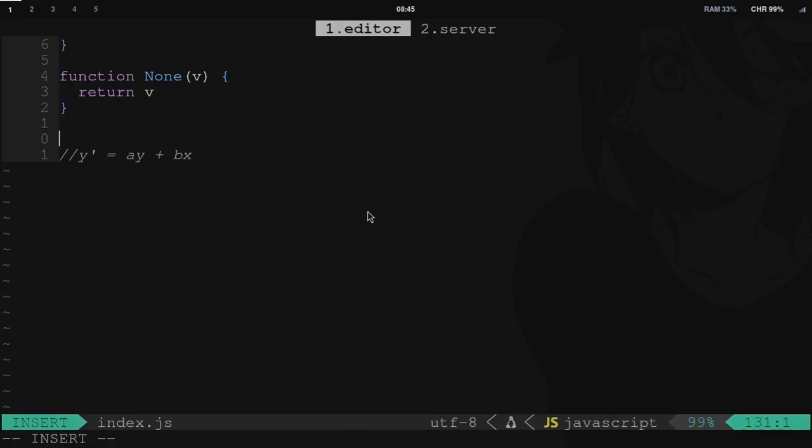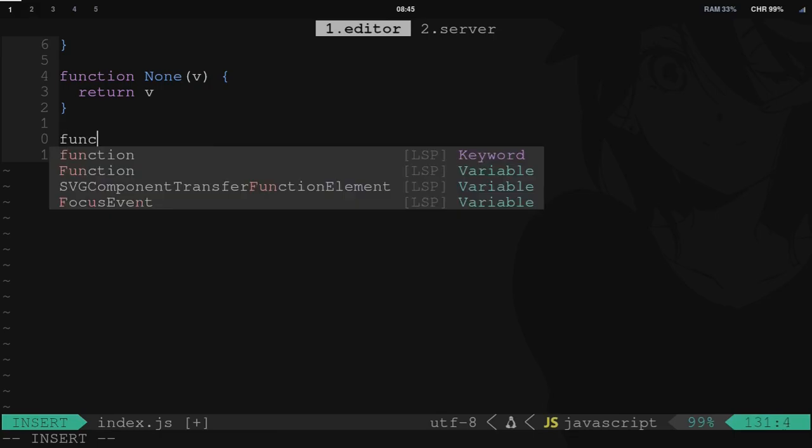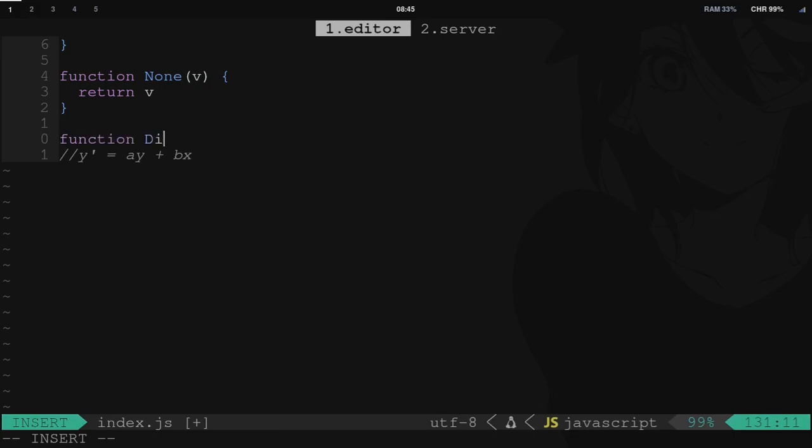Now we need a diff equation plotter. So not differentiation plotter, we need a diff equation plotter, and it will take an equation.